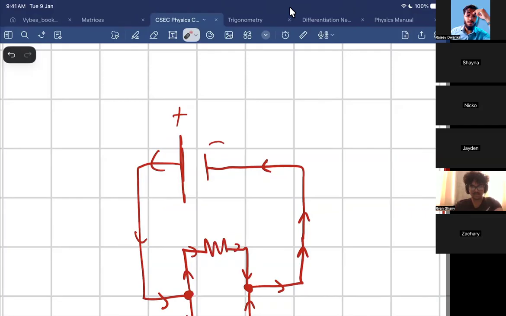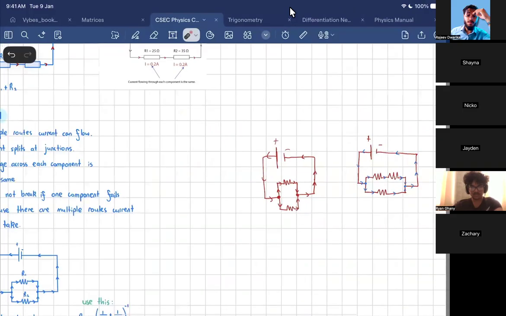If I tell you 9 and 7, to find the difference, what do you do? Subtract. So you find the difference between two terms. So if you want to find the voltage or the potential difference, you measure the difference between 2 points. Good.